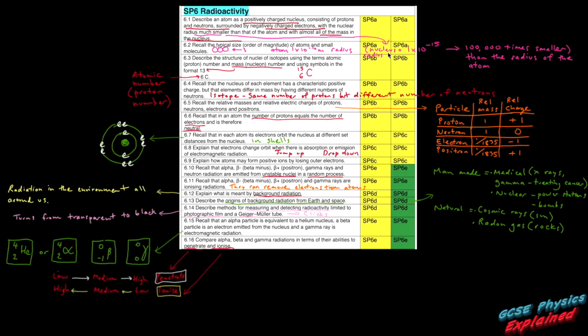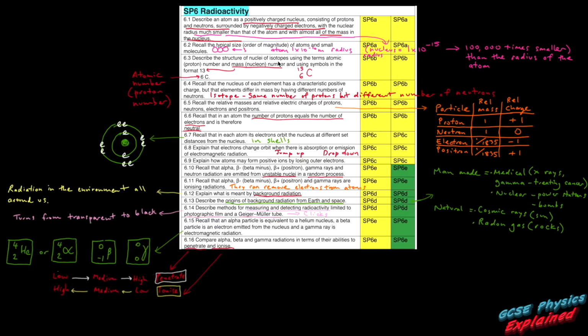And the radius of the nucleus is 100,000 times smaller than the radius of the atom, approximately. So that'll be 1 times 10 to the minus 15. So make sure that you know these values. It'll probably only be worth 1 mark in a multiple choice question, but we want to get all of these extra little 1 marks. Because every time you get an extra 6 marks, roughly, that's you going up an extra level.